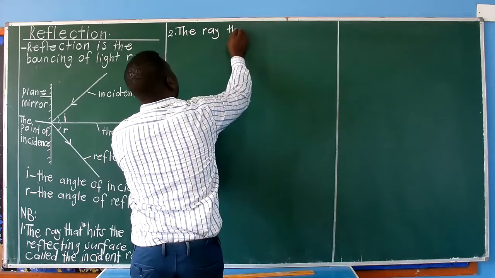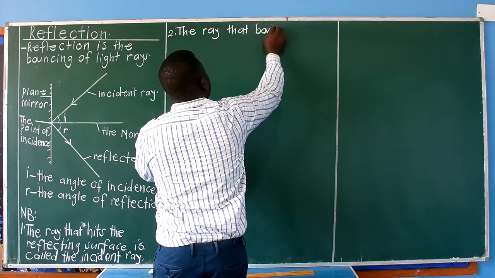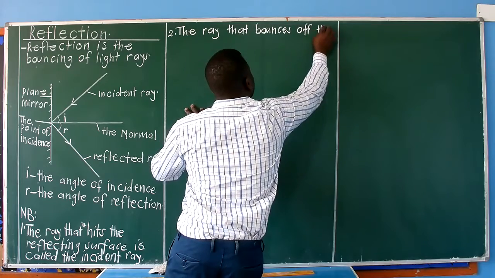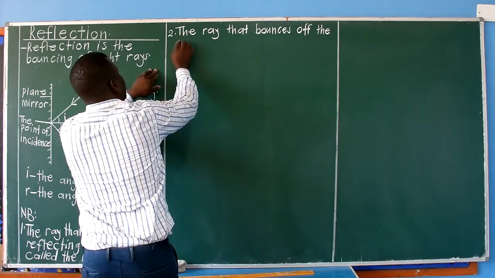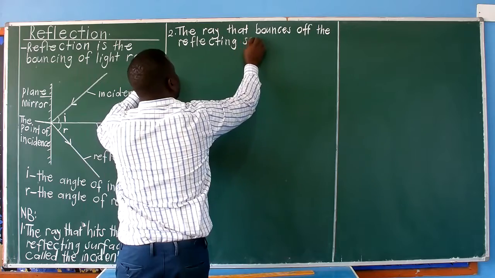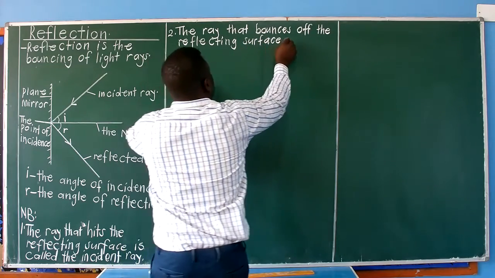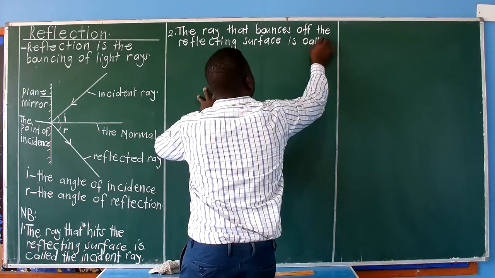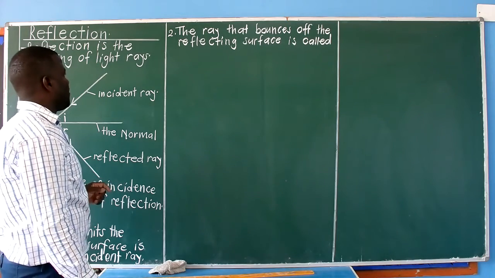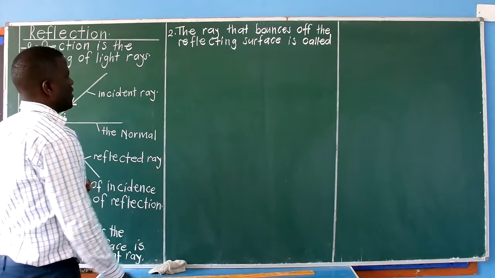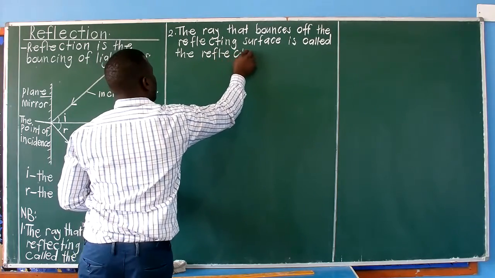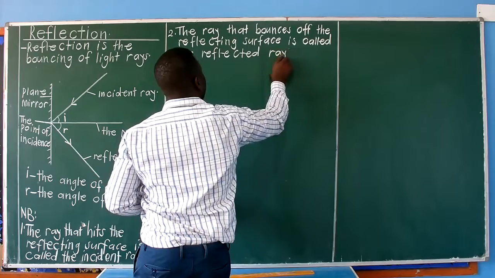The ray that bounces off the reflecting surface is called the reflected ray.